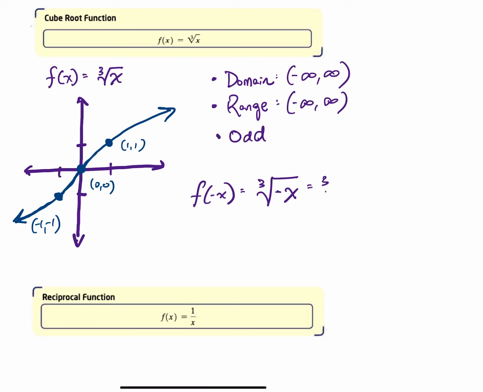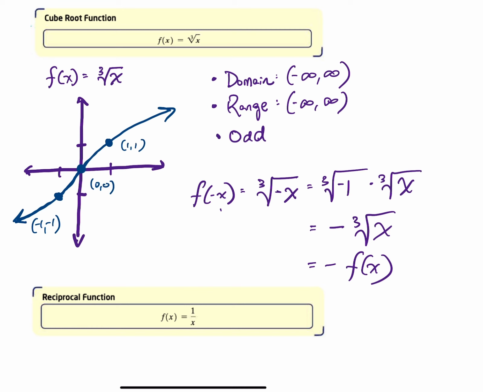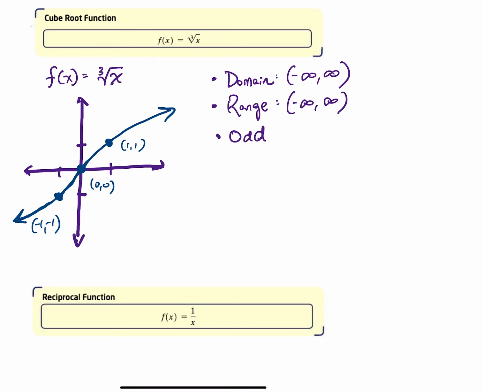You can view that as the cube root of negative 1 times the cube root of x, or negative cube root of x, which is negative f of x. So f of negative x equals negative f of x. That's our pattern for an odd function. This has x and y intercepts at the origin.